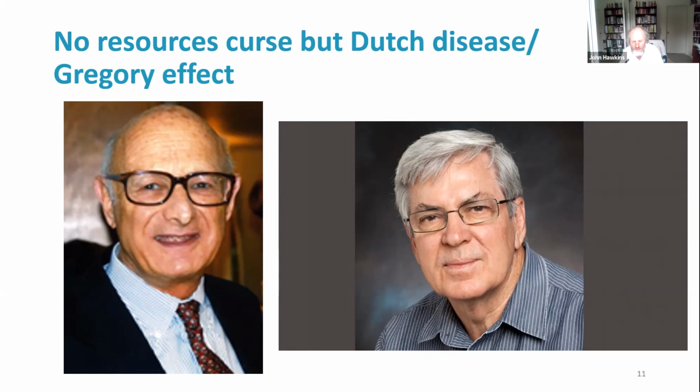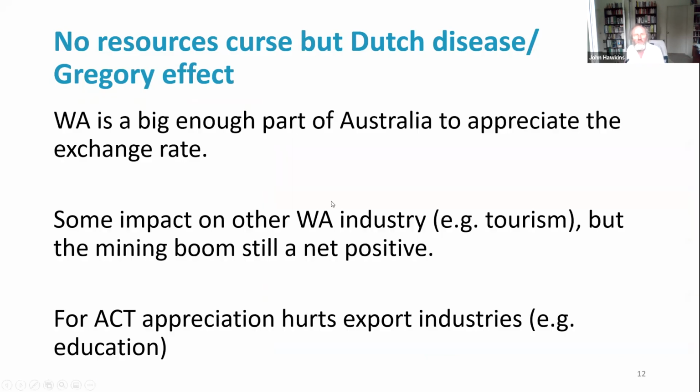There's another aspect of the resource curse, though, that's interesting, and that's the so-called Dutch disease, or Gregory effect, as it's sometimes called in Australia, which Max Corden and Bob Gregory, pictured here, two Australian economists, have been amongst the world leaders in describing.